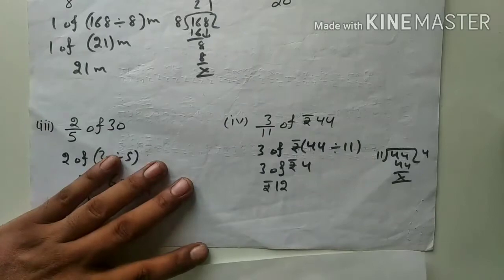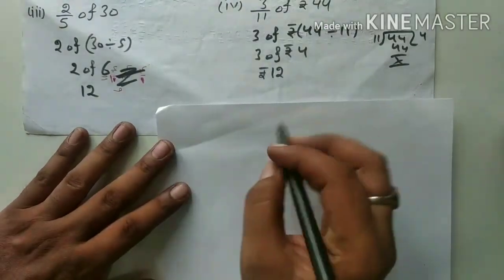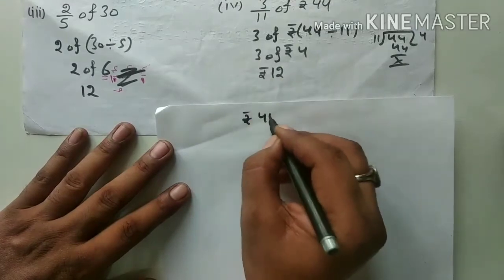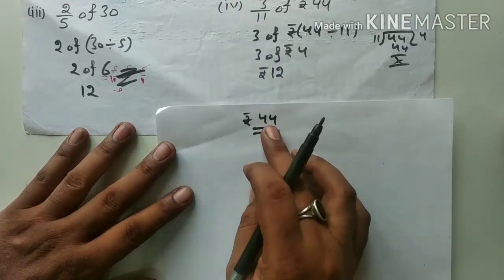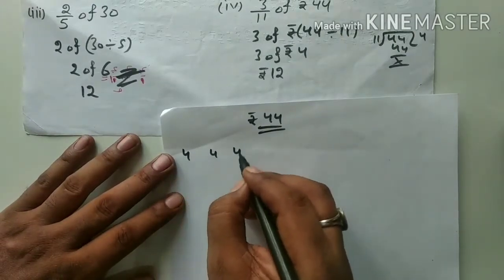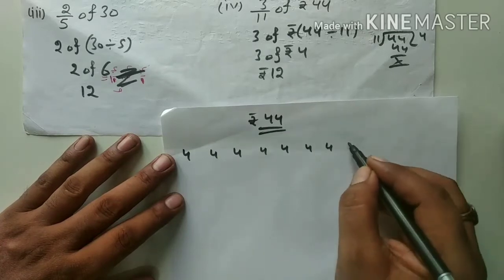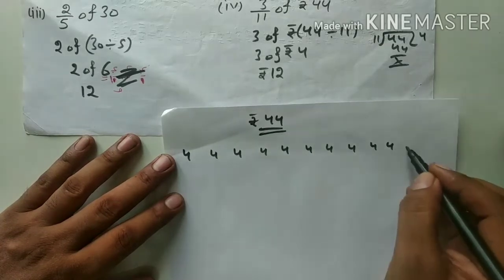Now let us understand the concept. Now if there are rupees 44 and we have to make its 11 parts. So 1, 2, 3, 4, 5, 6, 7, 8, 9, 10, 11.